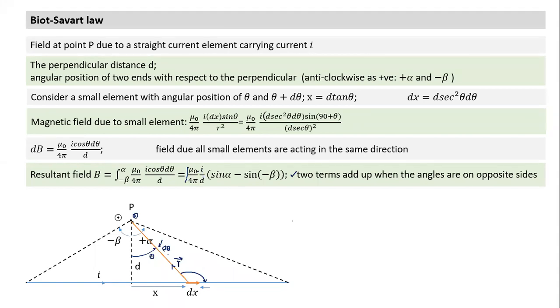For the circle, there was constant into I by r into angle at the center. Even in the straight element it is similar: constant into I by the distance. In case of circle, it was angle theta. In case of straight wire, it is either sine alpha plus sine beta or sine alpha minus sine beta. When does the sign become plus? When they are in the opposite direction, it becomes plus. When they are in the same direction, it becomes minus.